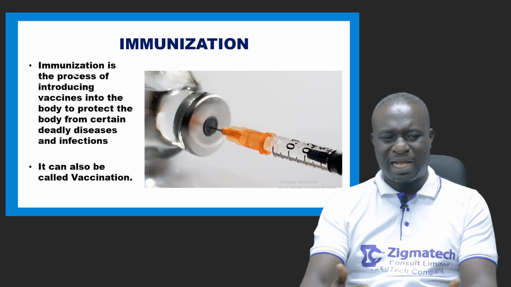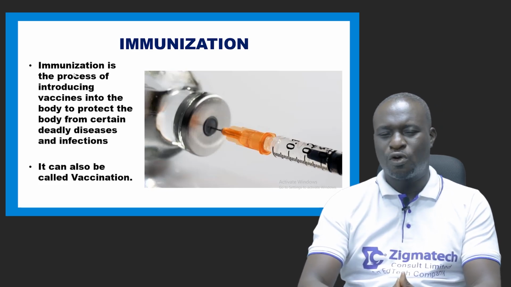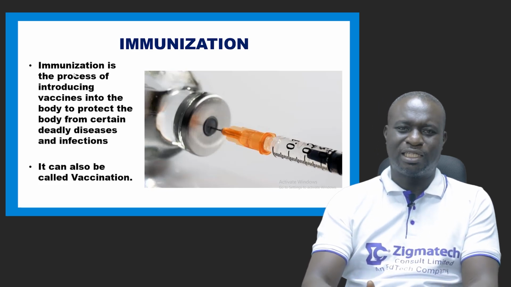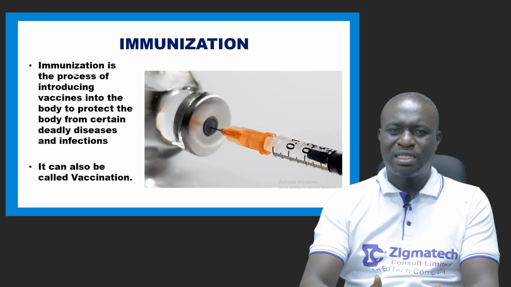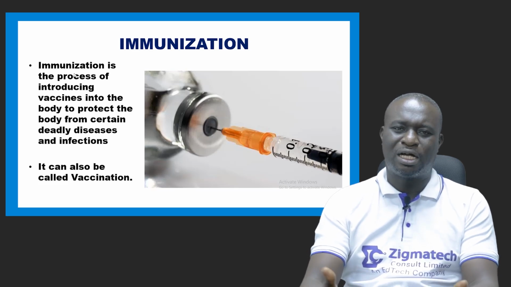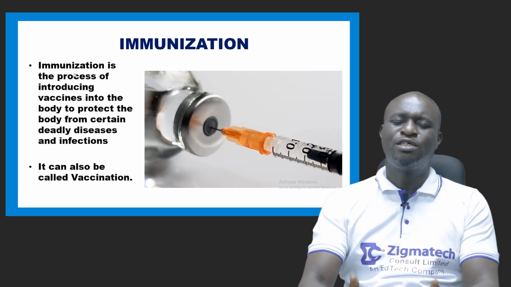Vaccines are prepared strains of microorganisms which are harmless, but when they are injected into the body, they make the white blood cells secrete what we call antibodies. We're going to be talking about that much later, but I want you to understand that immunization is the process of introducing vaccines into the body.